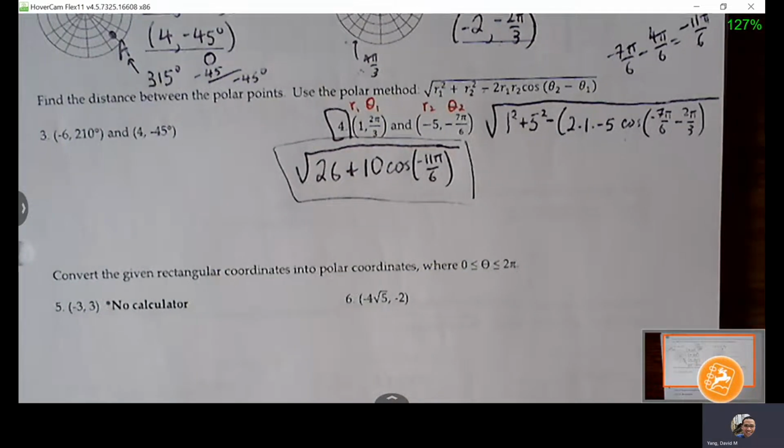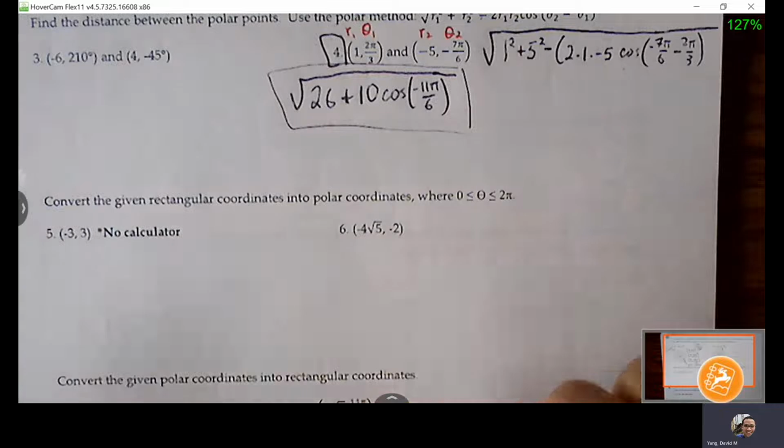Okay, let's look at number 4. Convert rectangular coordinates into polar coordinates.